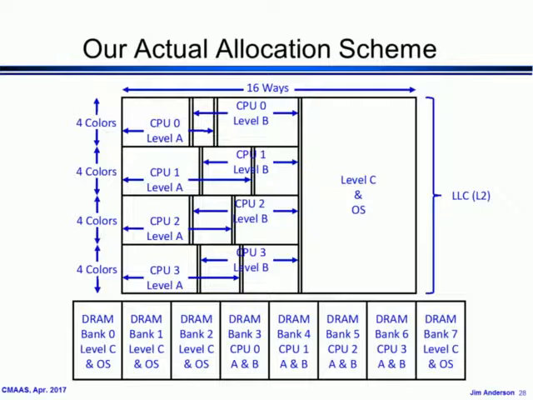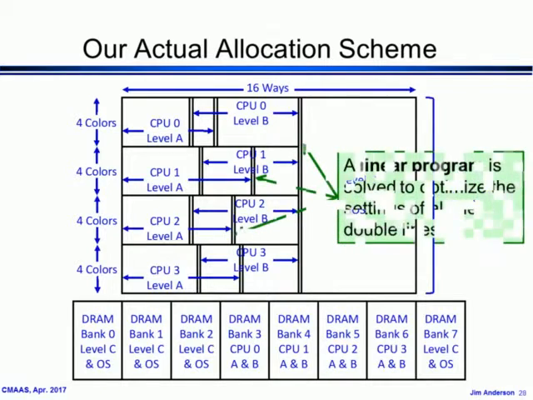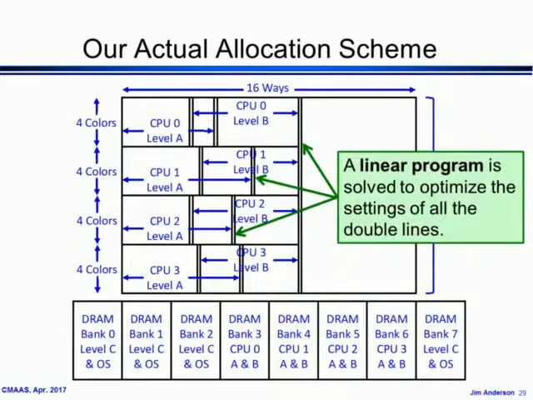And the other side is going to be used by the level A and B tasks on a per core basis. And in particular, the level A, B subsystem on each core gets 4 colors. Those double lines that you see there, those are the things that are set by the linear programming optimization framework.